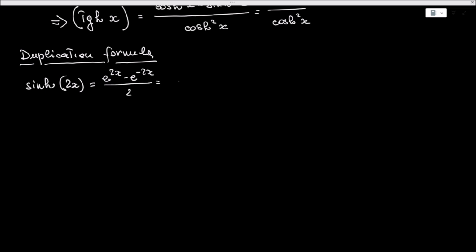Which can be also expressed, because we have a difference of squares, we can split the numerator into (e to the x plus e to the minus x) that multiplies (e to the x minus e to the minus x), right?